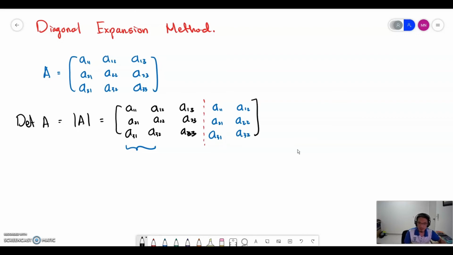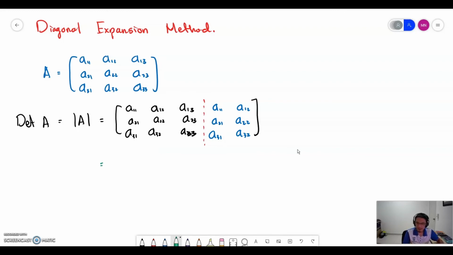So this is the first step in the diagonal expansion method. We take the first two columns of the matrix and create another copy on the right side of the matrix, separated by this dotted line. Write it down like this.